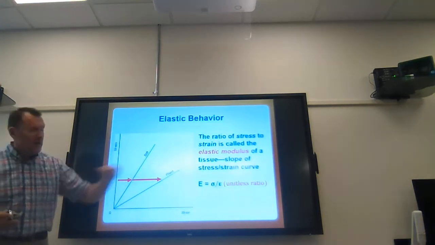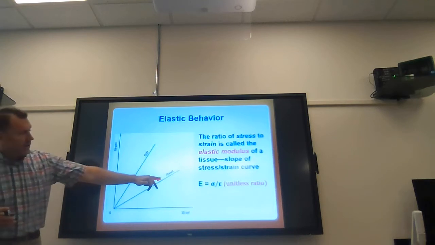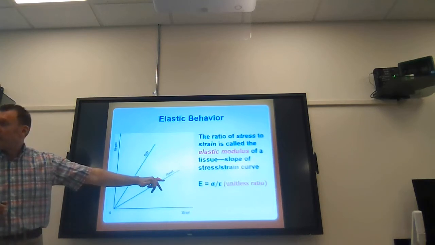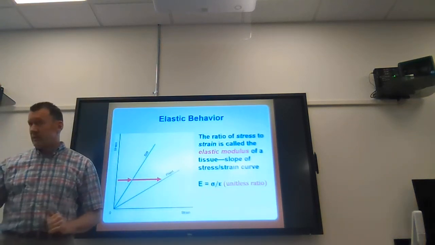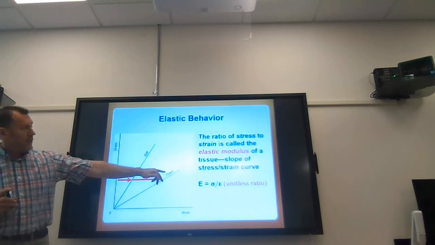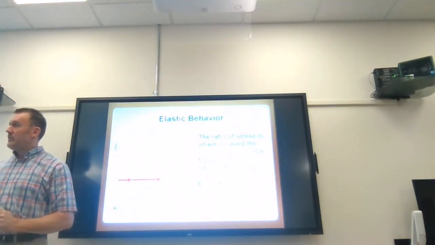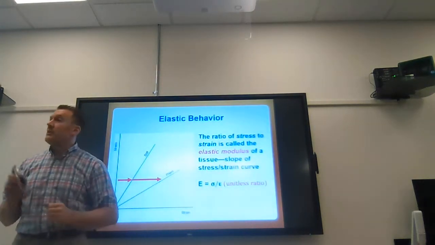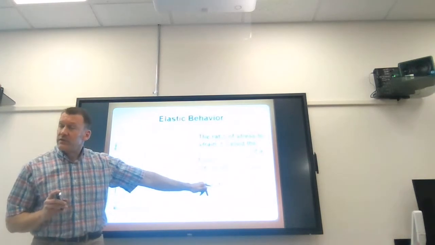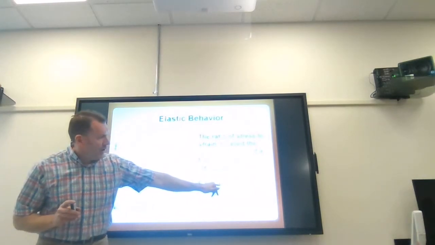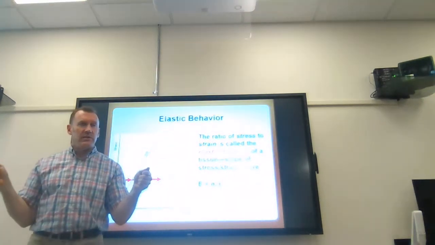Whereas a more compliant material for the same amount of stress will undergo more strain. So the elastic modulus would be much less for a compliant material versus a stiff material. The elastic modulus would be a lot more for a stiff material, because for a given amount of stress, we're undergoing less strain or less change in shape.